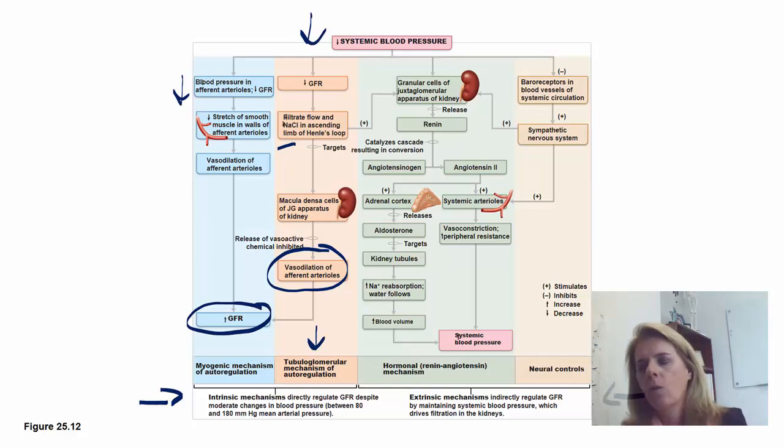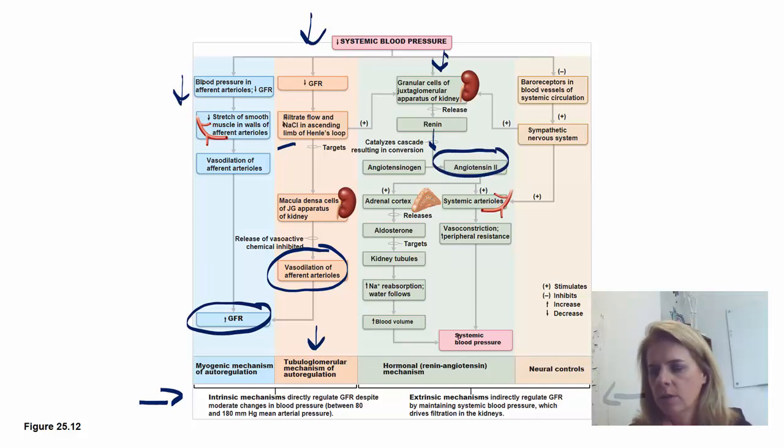What happens when you want to pull in the hormones? With low blood pressure, those granular cells are going to be stimulated to release renin. Renin does that cascade process that results in angiotensin II. Angiotensin II does several things. It causes the release of aldosterone from the adrenal gland.